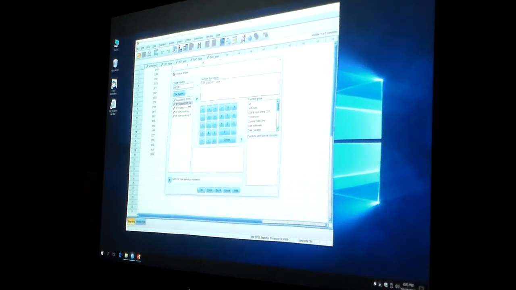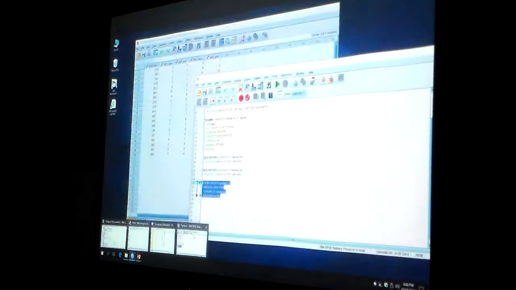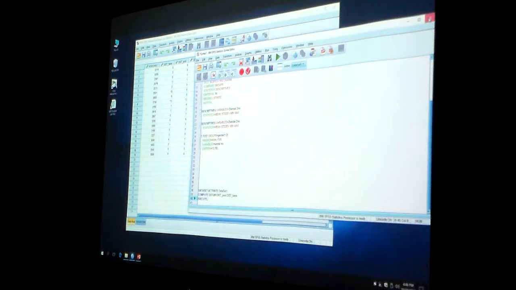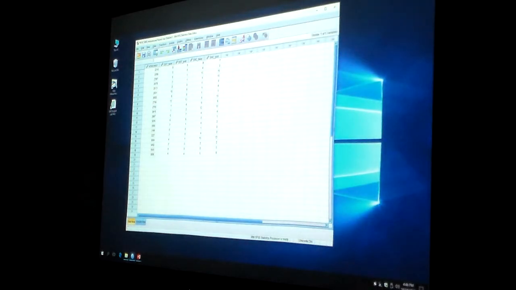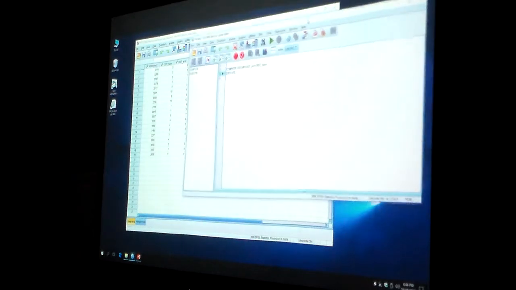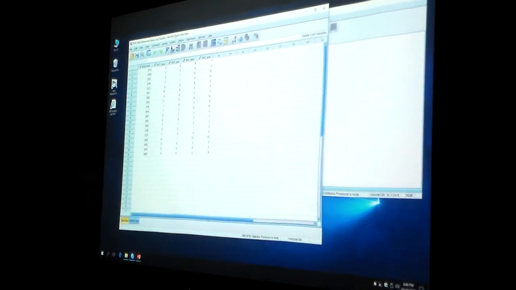Again, I'm putting my time 2 first in this subtraction because then if I have positive values, it'll say that my cold and distant behaviors have increased, or negative values, my cold and distant characteristics have decreased. Okay. And then I'm going to go ahead and hit paste. All right. So we've got that there.